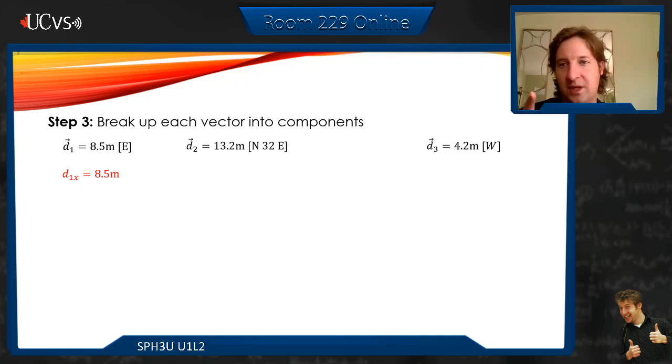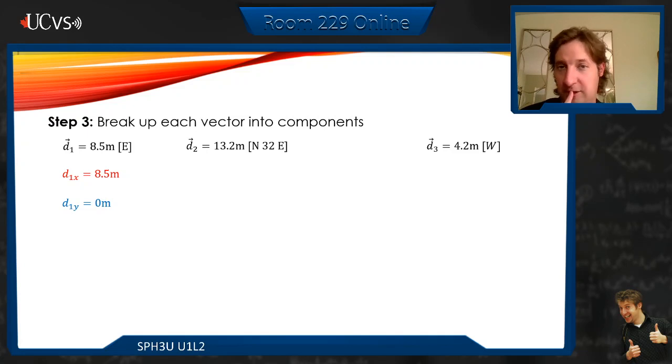So if you see an x component of a distance, 8.5 meters, you can recognize that that is east. It's nice here. There is no y component. We are only traveling 8.5 meters east. We are not deviating from that in the y direction.